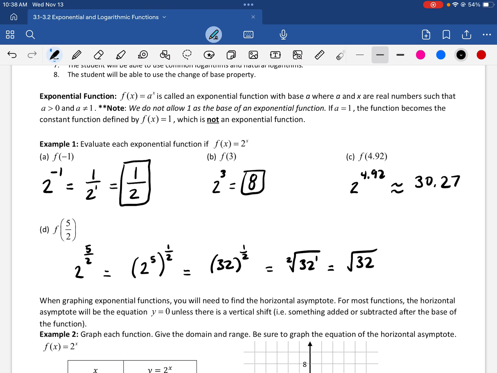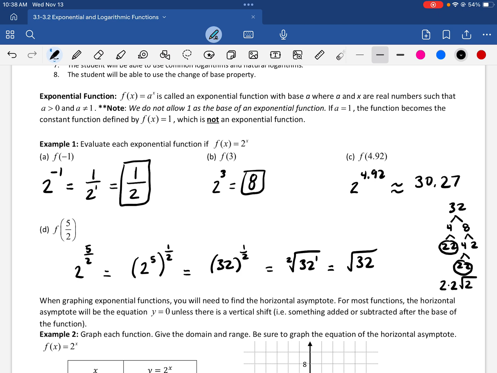So we're looking at the square root of 32, which we could then come over here and break down 32 doing a factor tree. And we see we have a pair of 2's and another pair of 2's. So for each pair, 1 comes out.